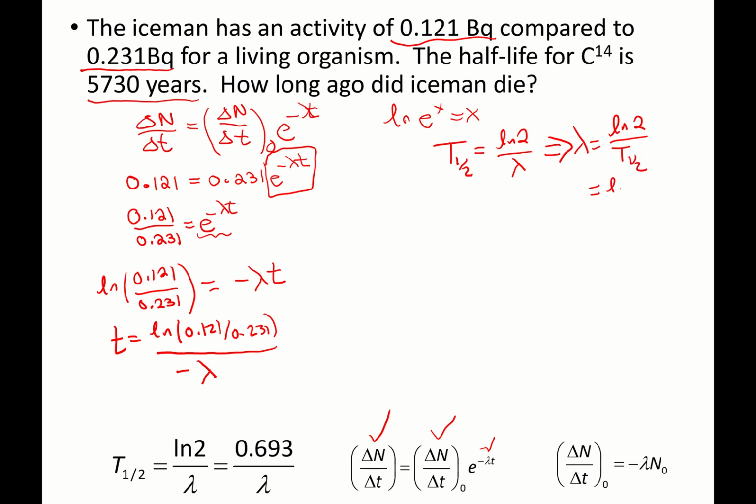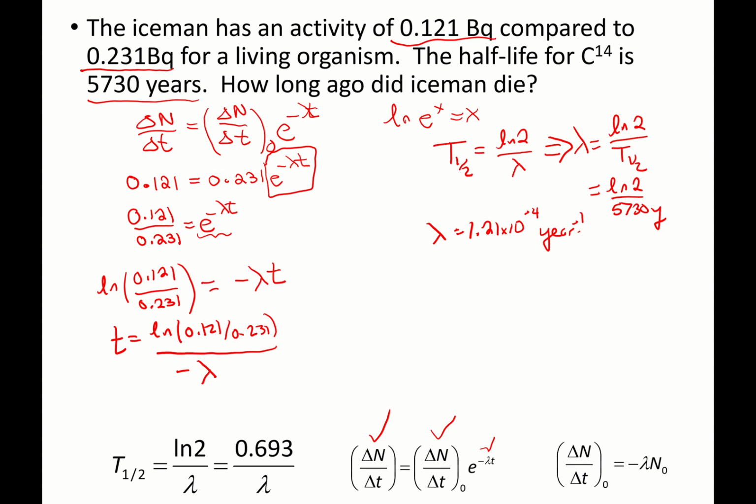And the half-life is 5,730 years. So I get that lambda is equal to 1.21 times 10 to the minus 4. And what are our units going to be? They're going to be per year, so years to the minus 1.